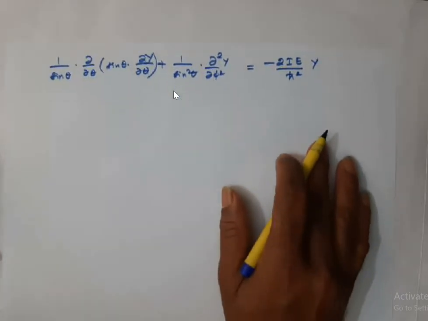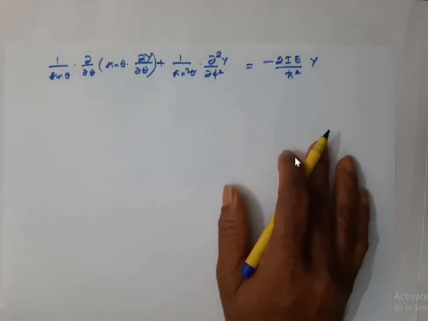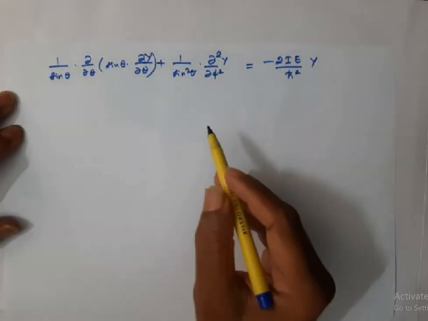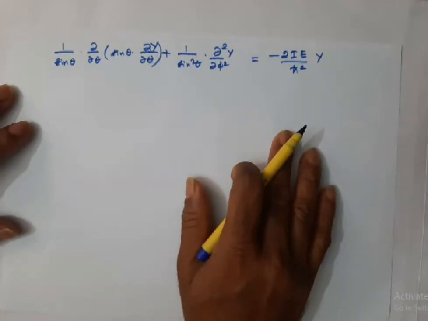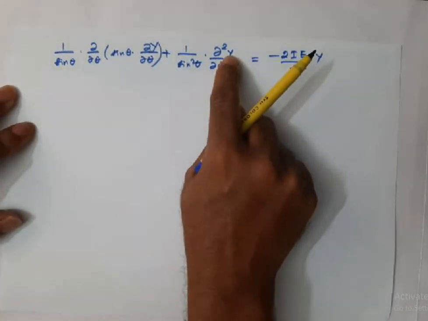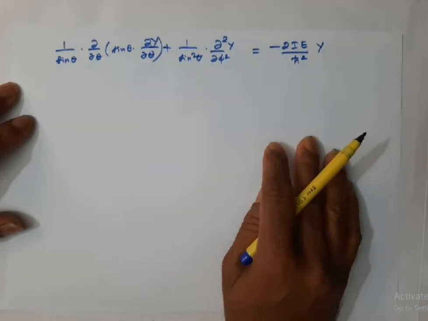Now solving this equation is somewhat difficult because this function Y depends on two variables, theta and phi.